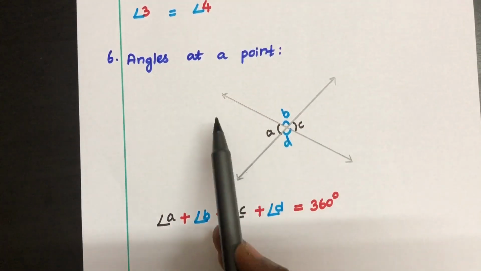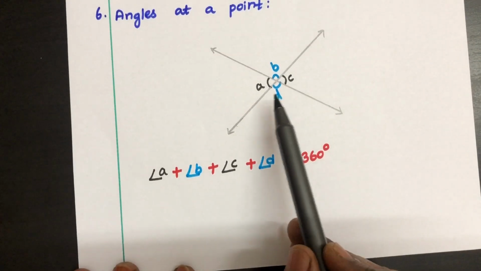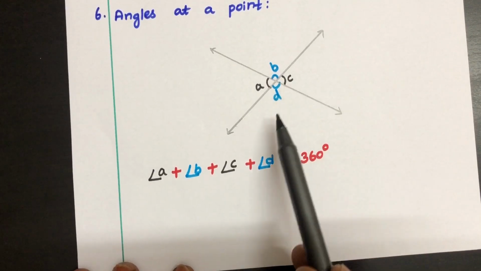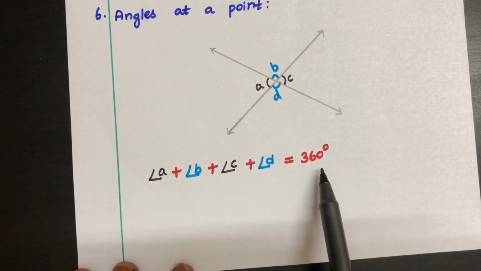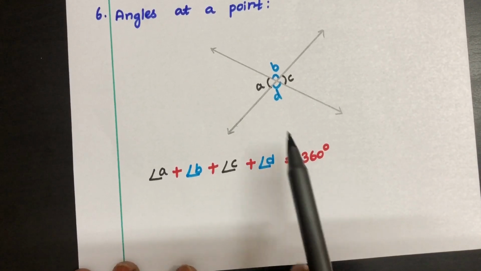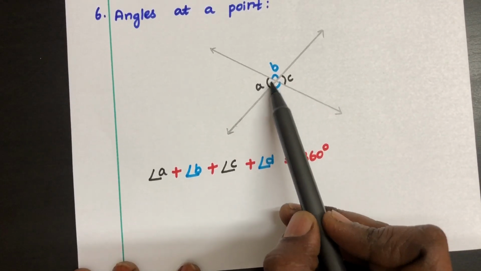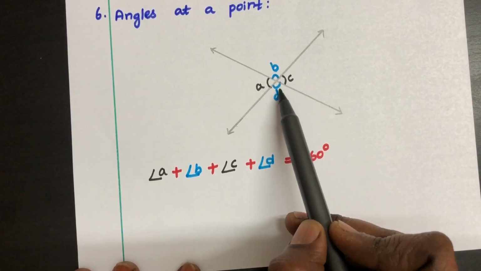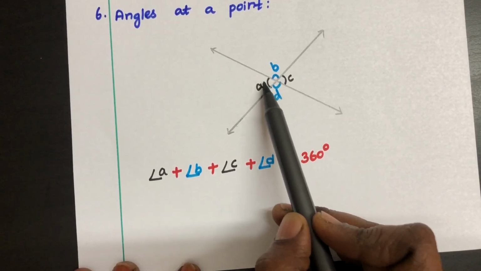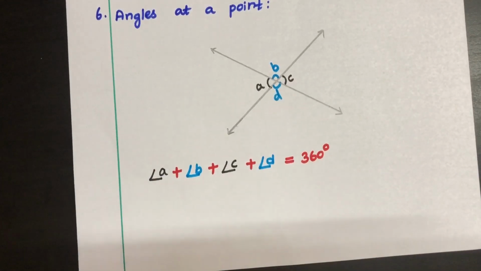One more question. Angles at a point. See here, A, B, C, D. If you add all the angles, it will make 360 degrees. Because if you think, they will give you a full circle, right? The angles formed will give you a full circle.